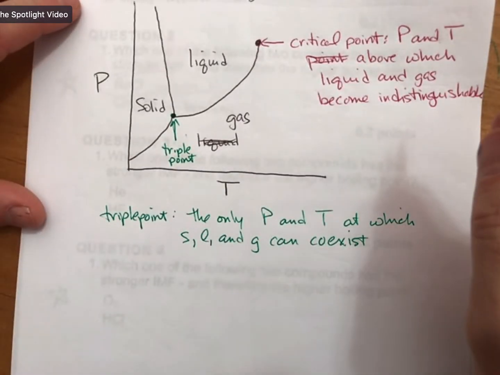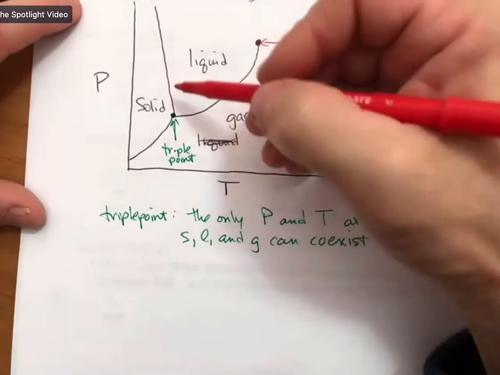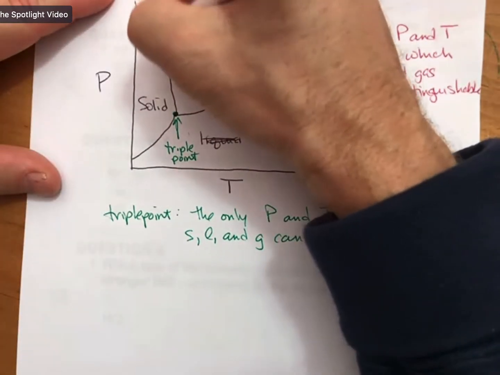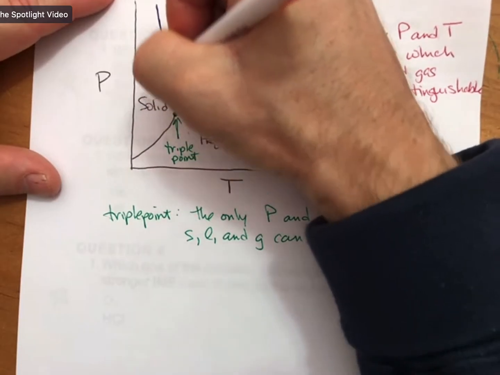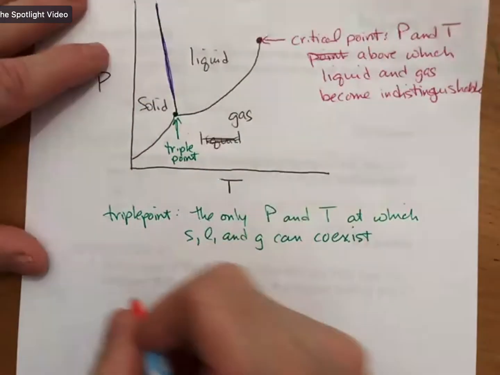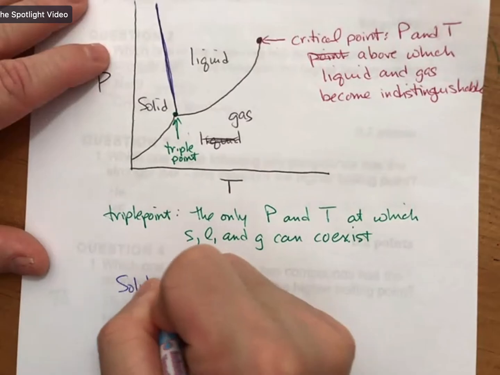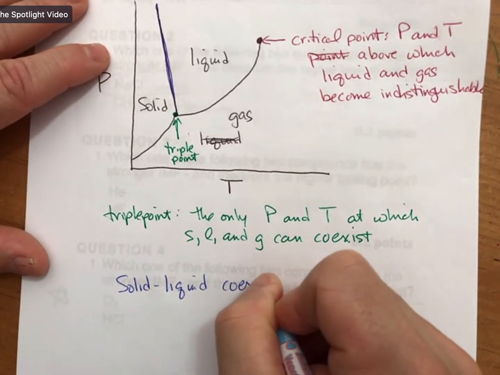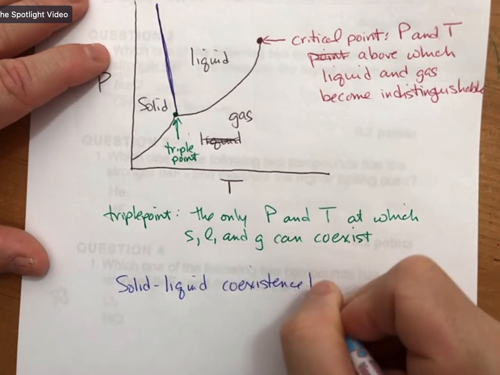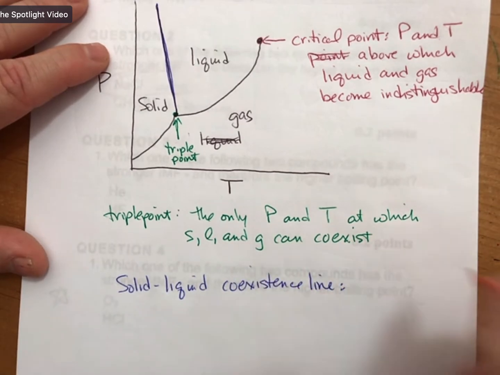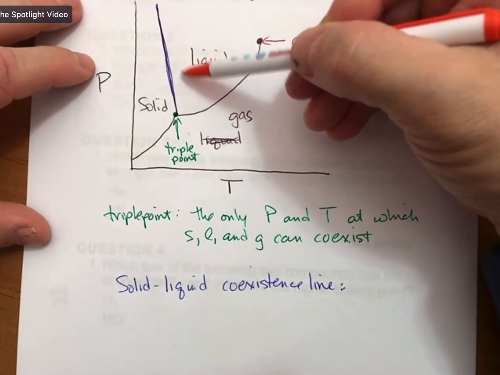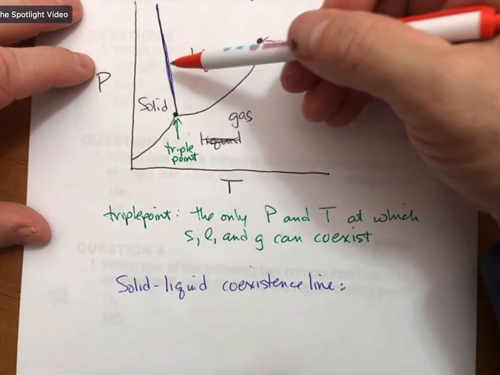So we're going to zone in on this line for the solid-liquid coexistence. You'll note that the solid-liquid coexistence line has a negative slope.